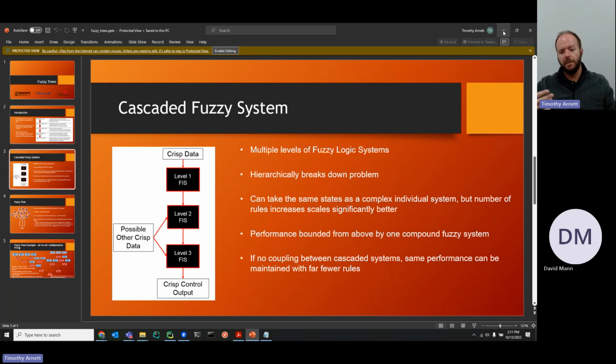And it's called cascaded because it's typically this hierarchy in somewhat linear fashion, where you keep the individual number of inputs small in each of your fuzzy systems, but you're still able to account for higher dimensional data by adding more fuzzy systems and combining the outputs from a fuzzy system, which is almost always lower dimensional than the input data, into the subsequent fuzzy systems.